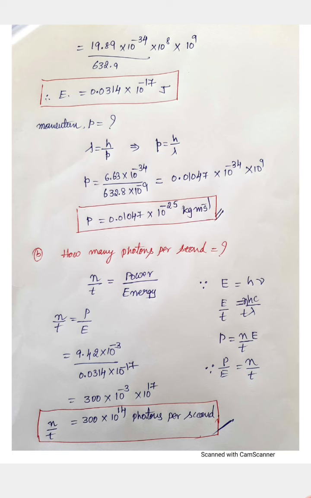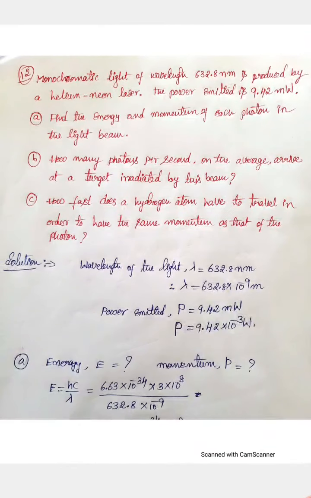Substitute the power value. Have they given the power value in the given question? Yes, they have given. The power emitted is 9.42 milliwatt. Milli is indicated by here small m, and its power is 10 to the power minus 3 watt. That is capital W is nothing but a watt.